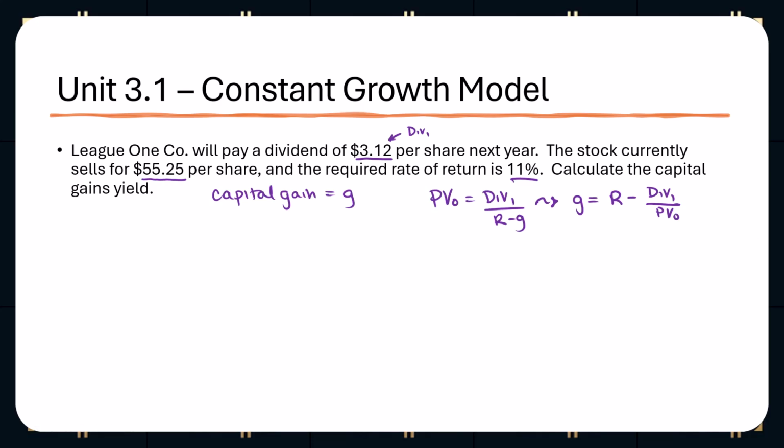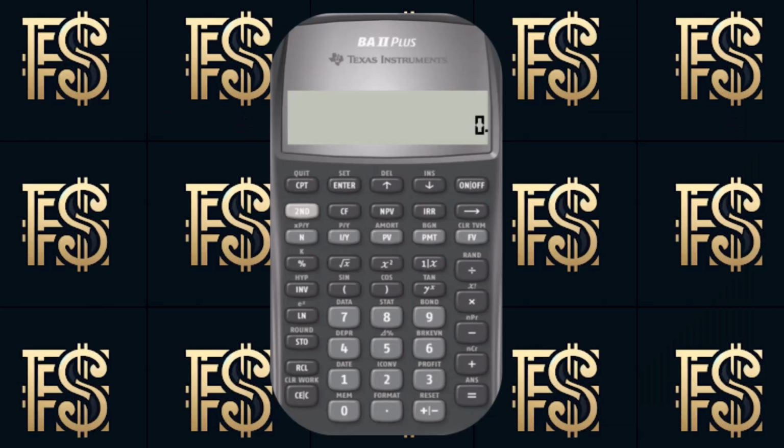Plugging this information in, we know Div 1, we know R, so G is going to equal the 11% minus 3.12 all divided by 55.25. So we will take 0.11 minus, open parentheses, 3.12 divided by 55.25, and we find that the dividend growth rate in this problem is 5.35%.